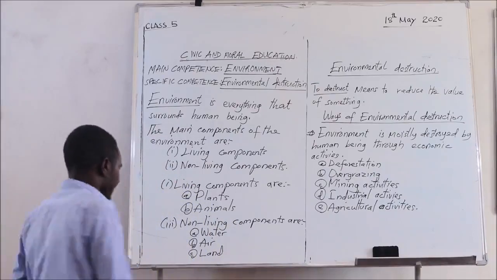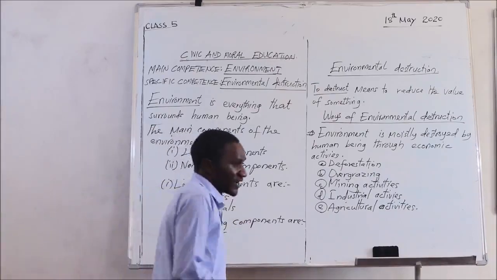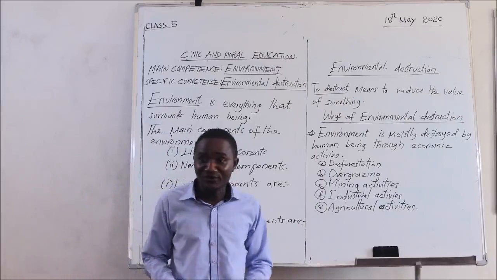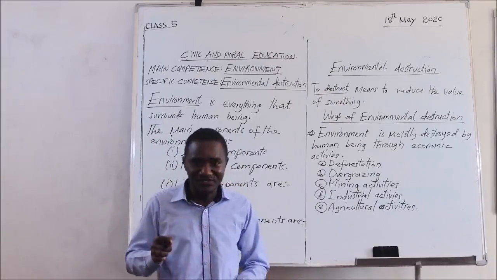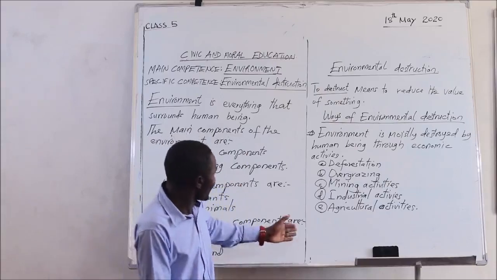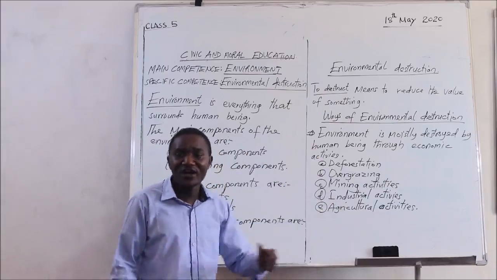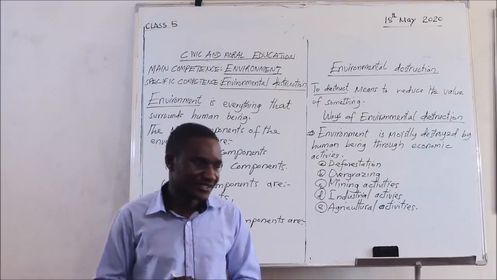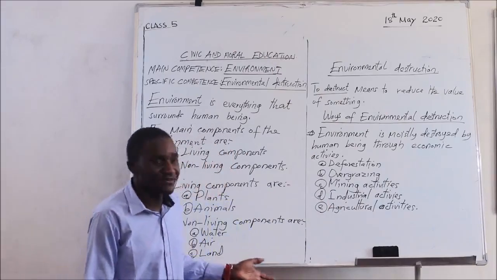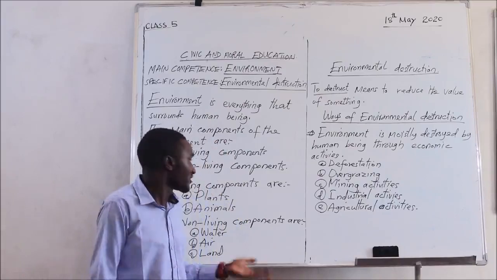Now, we have already seen the importance of the environment to human beings and other living organisms. So, if these are the problems, how can we overcome this problem of environmental destruction? There are different measures that can be taken in order to stop this problem.